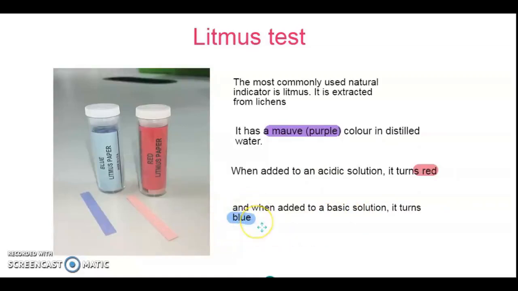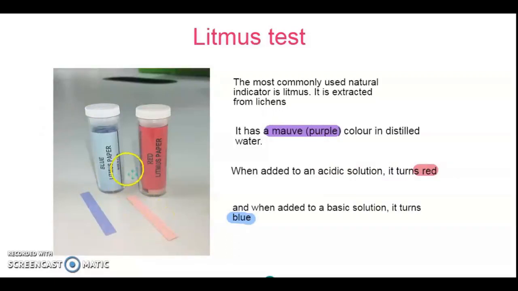So how do you prepare this red litmus paper? You take the extract, add an acid, and the extract will turn into red. And after that extract has turned into red, you dip the paper that is used for testing.